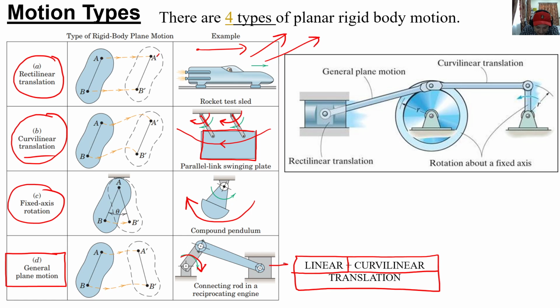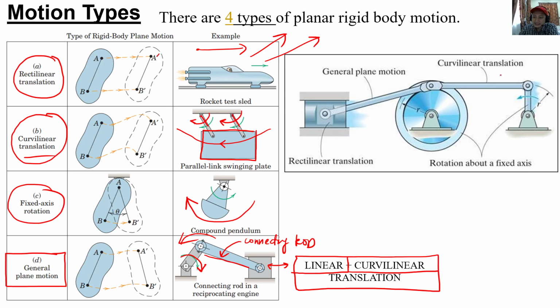This piston is actually rectilinear translation. The one which is rotating and translating is this connecting rod. So this connecting rod is actually translating while rotating. So it's doing two things.